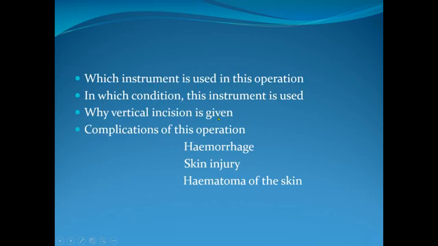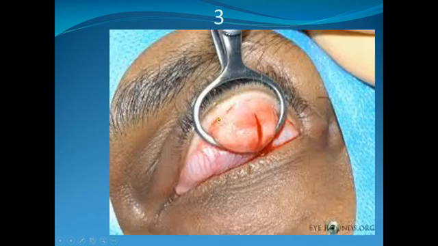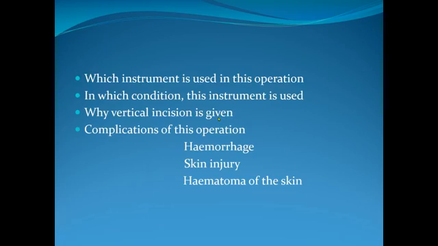Why is the vertical incision given? Because you know the meibomian glands are arranged vertically. If I cut horizontally, maximum meibomian glands are cut. Our precorneal tear film is formed by three layers: superficial layer, middle layer, and inner layer. The superficial layer is produced by the meibomian glands.